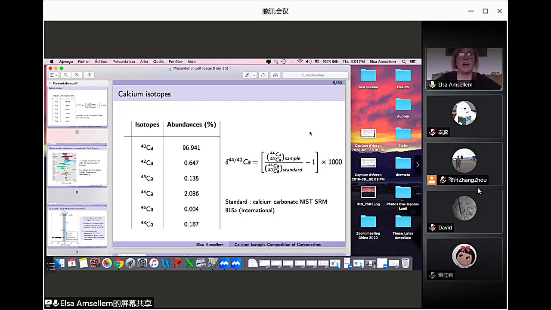So they tried, I don't remember exactly how much percentage of carbon, calcium, iron, and magnesium.